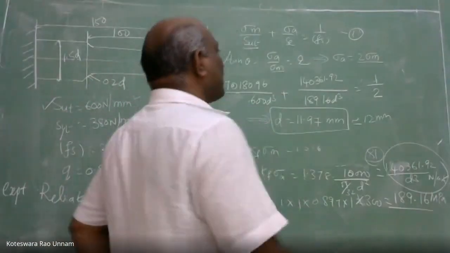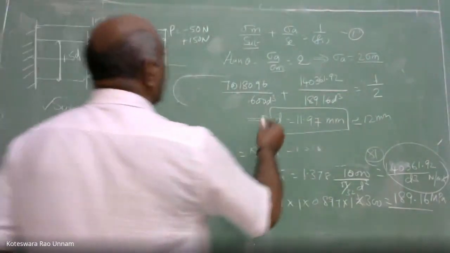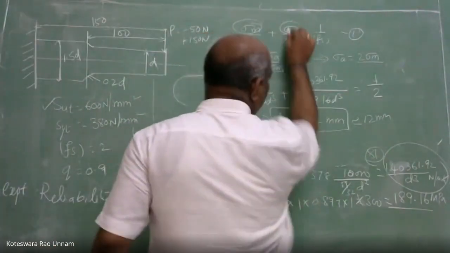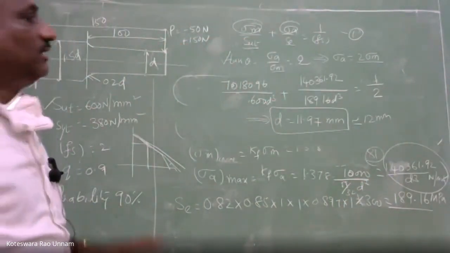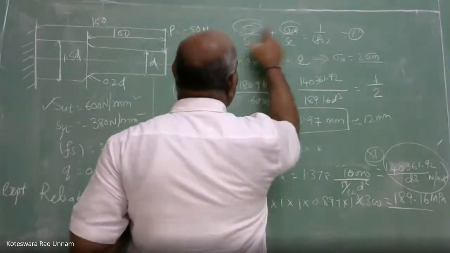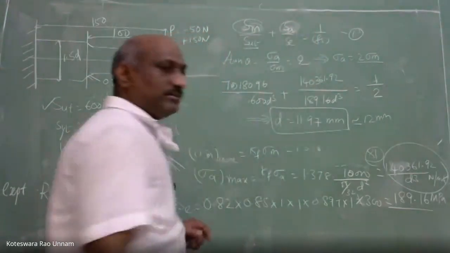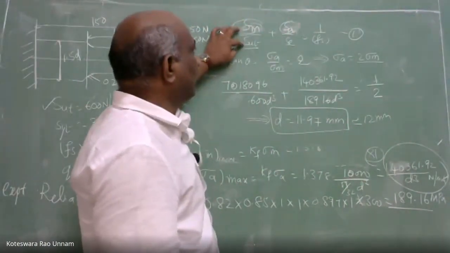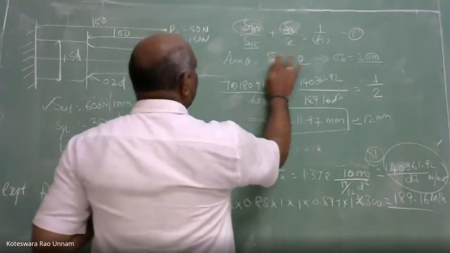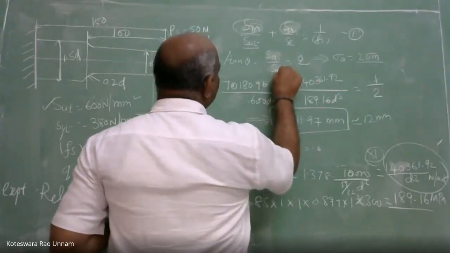Or else the same problem you can solve in another way also. What is the other way of doing it? Here, instead of substituting for the sigma m and sigma a that we calculated, I'll take these equations as Sm and Sa. That's what we take in the modified Goodman diagram also. Here I'll take Sm and Sa, and here also instead of sigma a and sigma m, I'll take Sa and Sm.